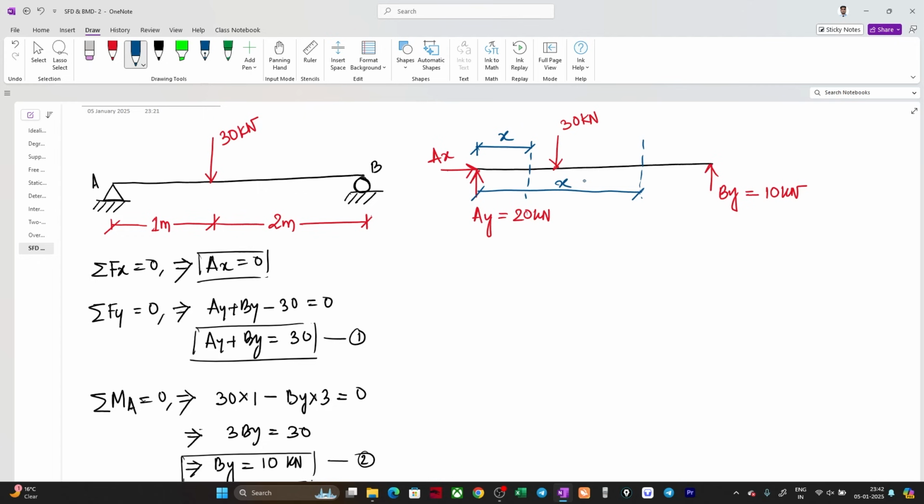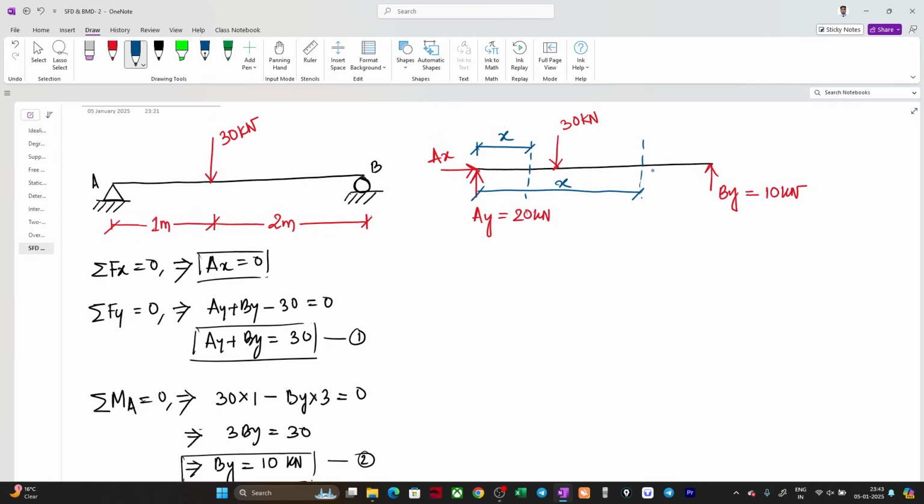The difference is that for this case, x will be between 0 to 1, and this x will be between 1 to 3 meter.